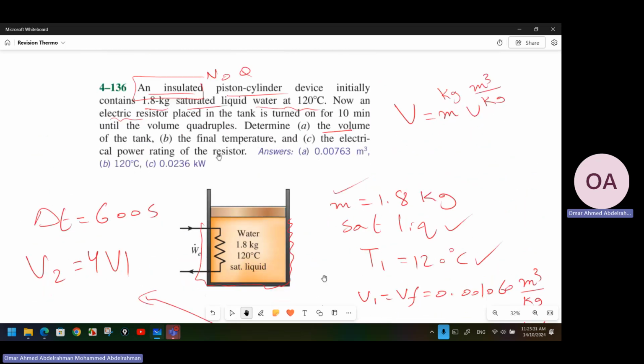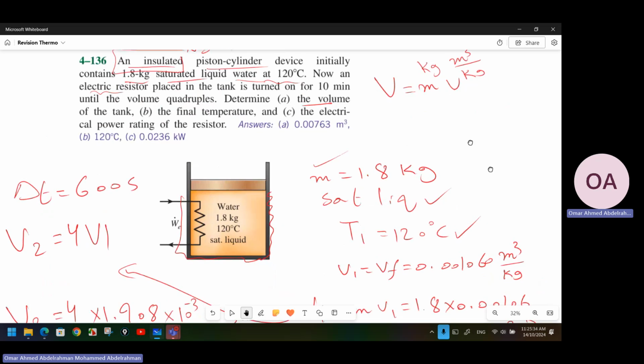In part B, he also asked for the final temperature. In order to get anything from the tables for refrigerant or steam water, I have to have more than one property. For state 1, I had two pieces of information: it is saturated liquid and I have T1, so I directly went to the table and took the number.